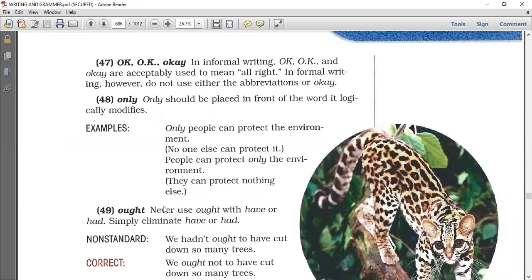Number 48, only. Only should be placed in front of the word it logically modifies. This is important, guys. Only people can protect the environment. So this is a correct usage. Only modifies people, so it should be placed directly in front of it. Don't say "people only."